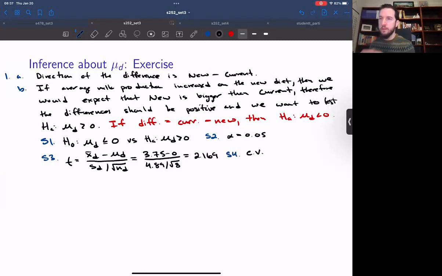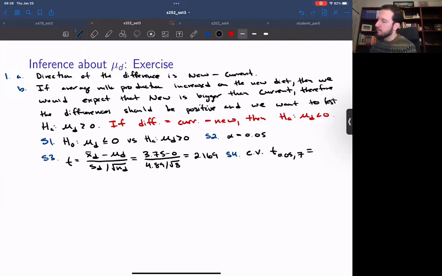On step 4, I'm just going to give the critical value and the p-value this time instead of sketching it out just because of the space. But again, it's review. So we've seen lots of examples of this. The critical value here is going to be a t-value on 0.05 and 7. Okay, so we're running an upper tail test. So our critical value is the upper tail t-value. It's a one-sided test, so all of alpha is used in the rejection region in this upper tail.